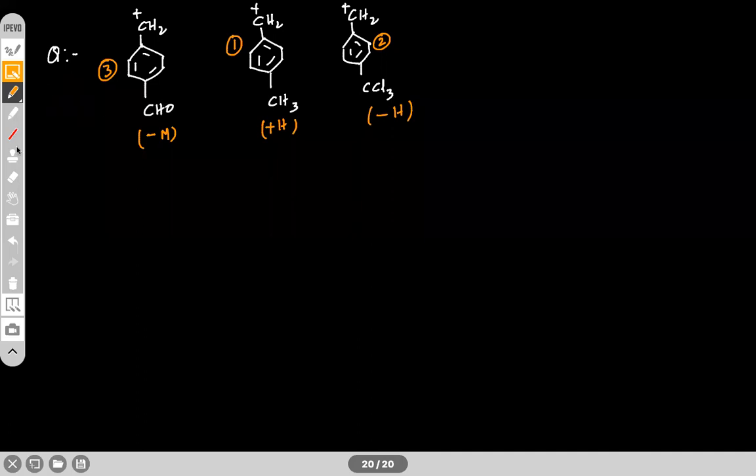CHO is what? Double bond here, so it will drag the electron towards its side.